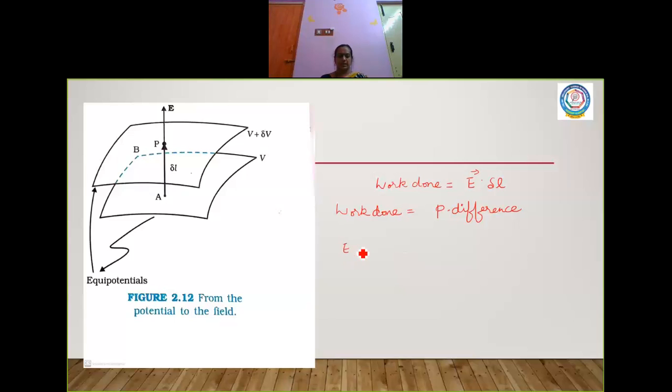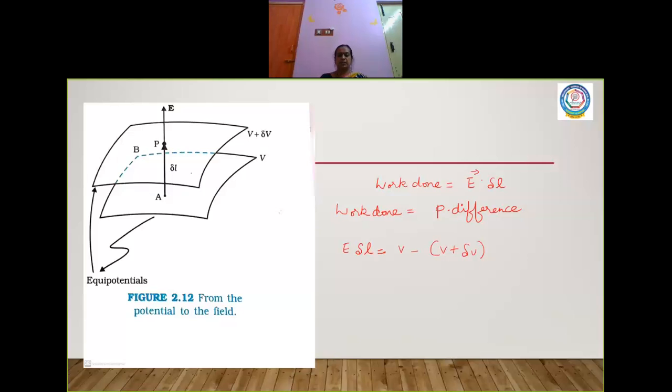So it is E dl equal to, now what is the potential difference? It is the work done to move a charge between the 2 points P and A. So the final point is I am reaching the point A, which is the potential V, minus the potential at B, which is V plus dou V. Is it clear?